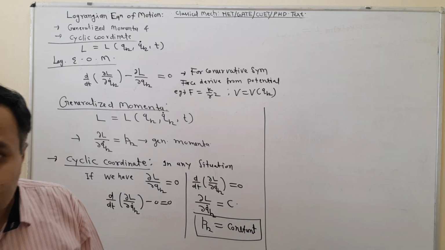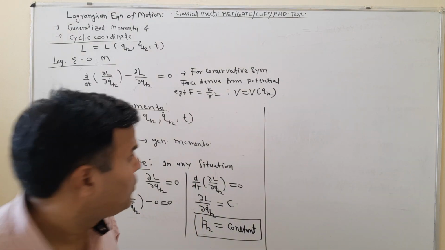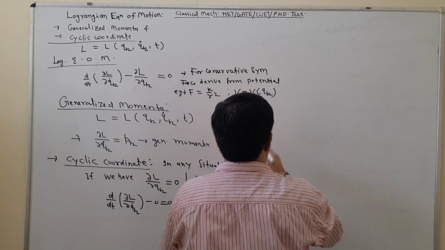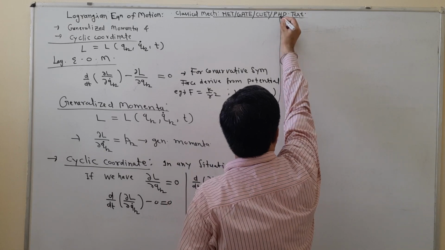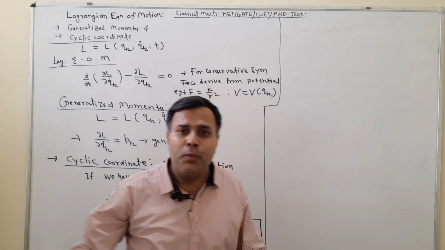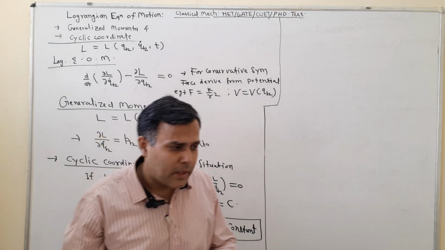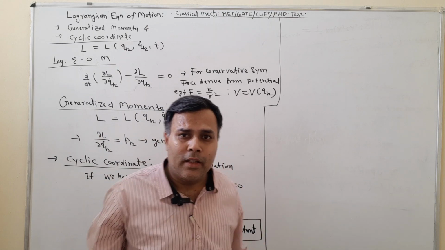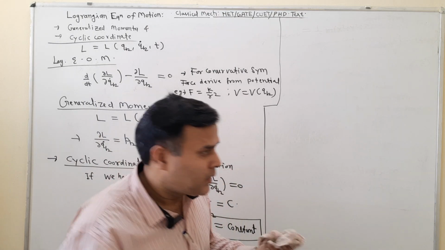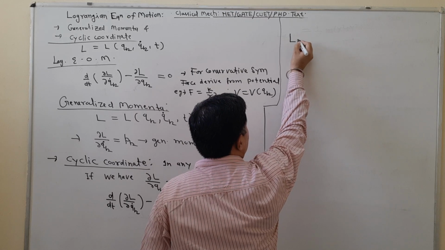So let us see how to find the generalized momenta for a given Lagrangian. For example, let us write the Lagrangian expression in the Cartesian coordinate system.